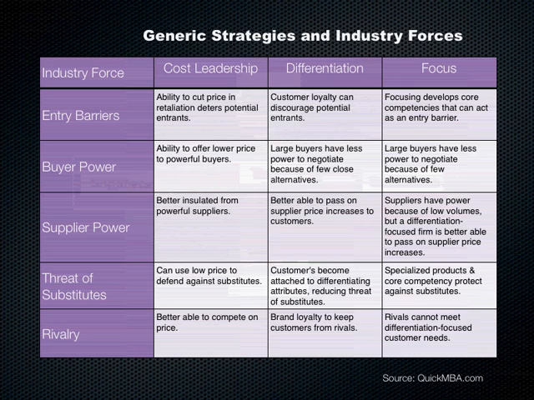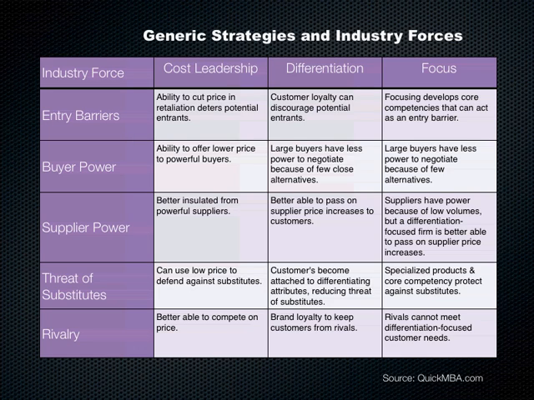So for example, if a company is pursuing a low cost or cost leadership strategy, their competitive position vis-a-vis entry barriers would be their ability to cut the price in retaliation to keep potential entrants out. They could also, if they were following a differentiation strategy, maintain customer loyalty to discourage potential entrants, because the customers would be attracted to the differentiated product.